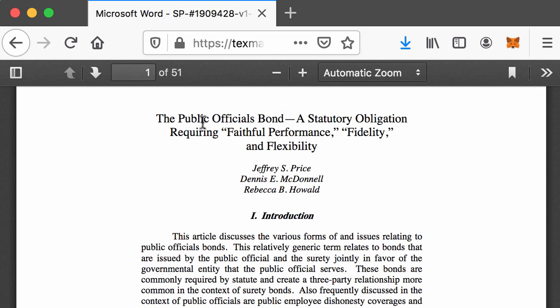This document is called the Public Officials Bond, a statutory obligation requiring faithful performance. Right? Requires faithful performance, fidelity, and flexibility. This faithful performance is to the Constitution, because that is the only real contract that you have that's enforceable with them.